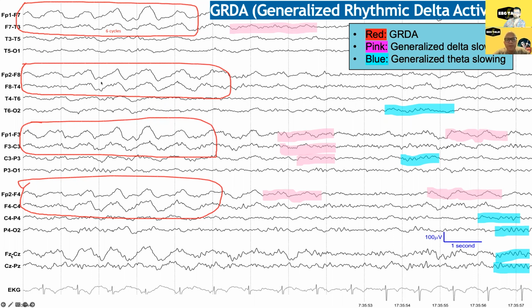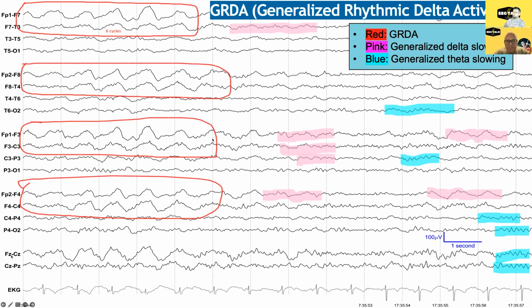They're just back to back, and this is generalized rhythmic delta activity, and it's about 1 hertz. So GRDA. Is it 6 cycles? 1, 2, 3, 4, 5, 6, 7. So it's more than enough. Yep, more than enough.